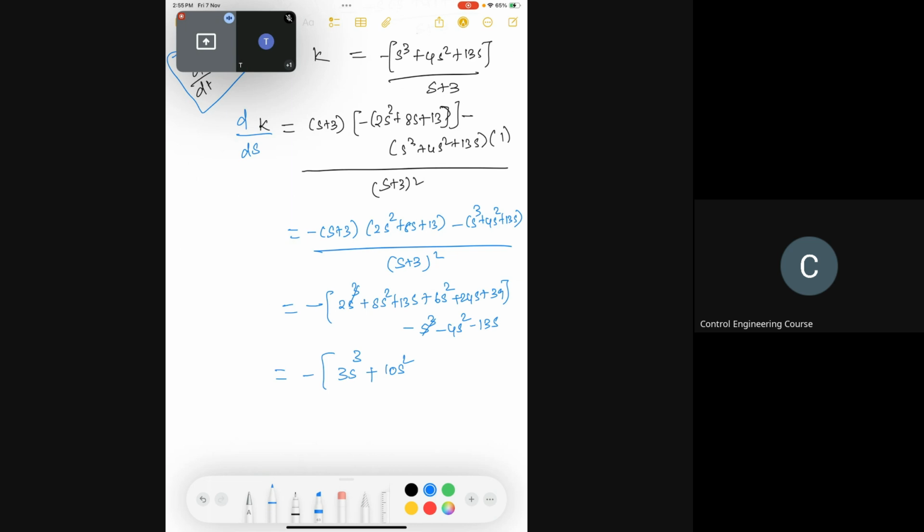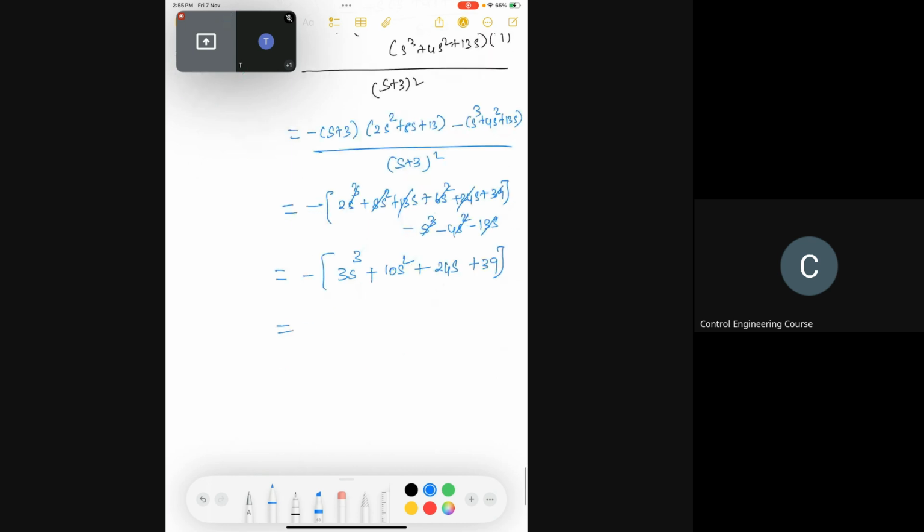Please calculate along with me, I might make mistakes. The s cube terms give 3s cube; s square terms: 8 plus 6 is 14, minus 4, 10; s terms: 13 plus 24 is 37, minus 13 and 13 cancel, so plus 24s; plus 39. Okay, good. Minus of (3s cube plus 10s square plus 24s plus 39).